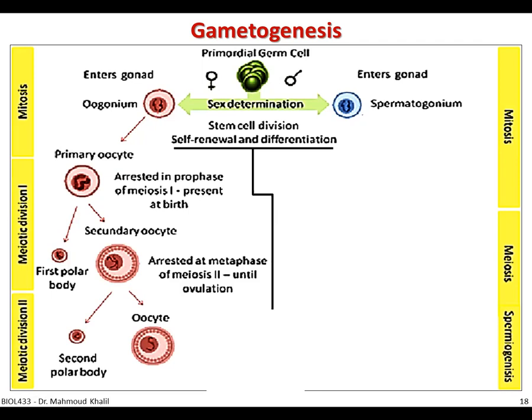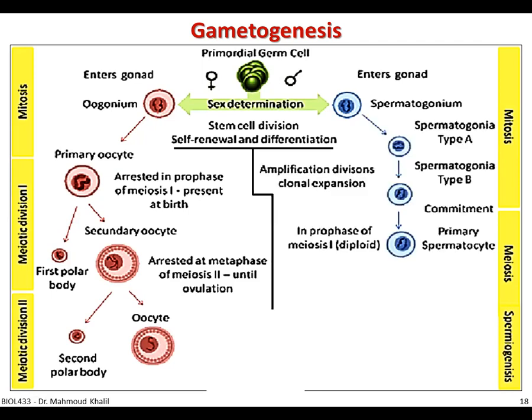For spermatogonium, this stem cell is differentiated to a spermatogonia type A, followed by amplification division and clonal expansion to form spermatogonia type B, and then it will be committed to the pathway that leads to sperm formation. Soon after, differentiation to a primary spermatocyte occurs, which exists in the prophase of meiosis 1.